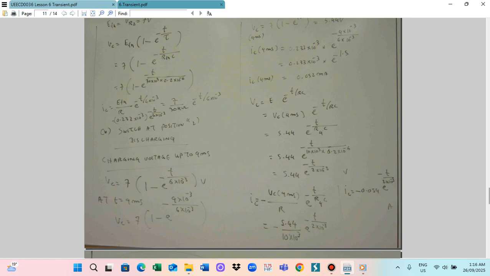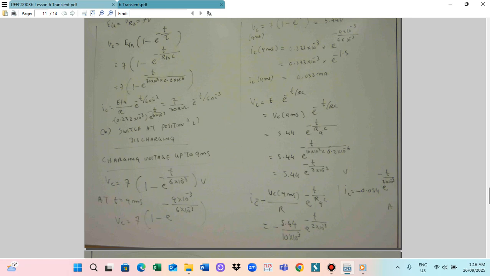We also need to calculate the IC. The IC formula is minus E by R, e power minus T by R4C.